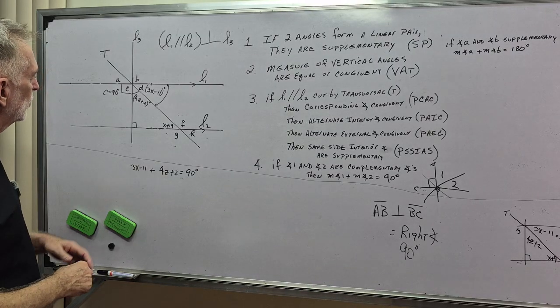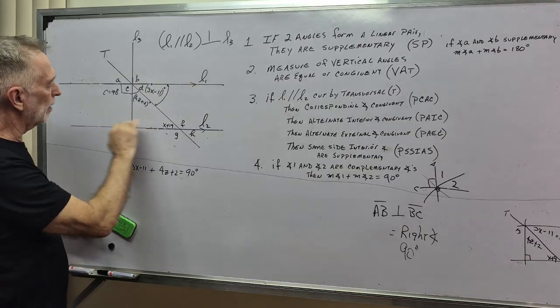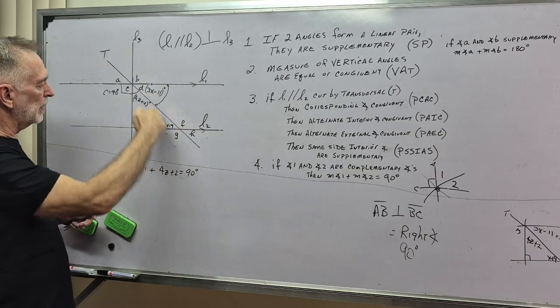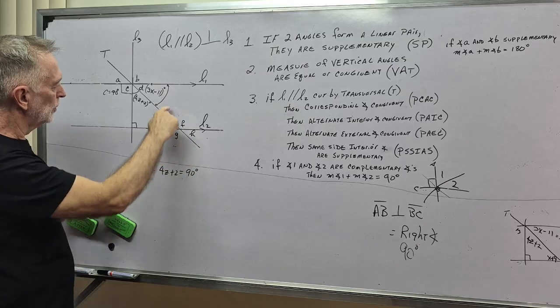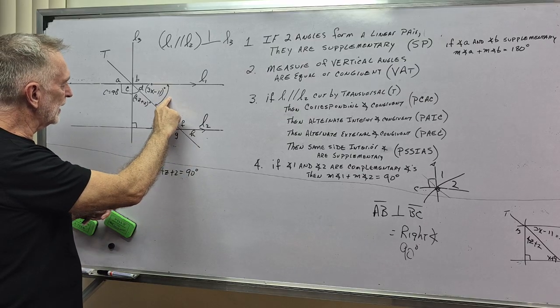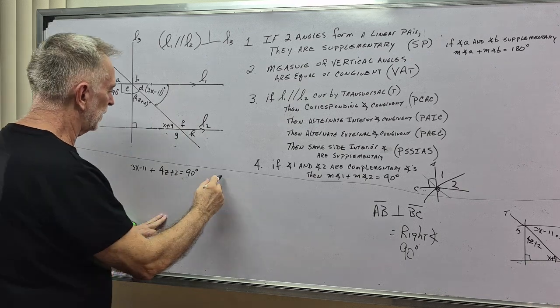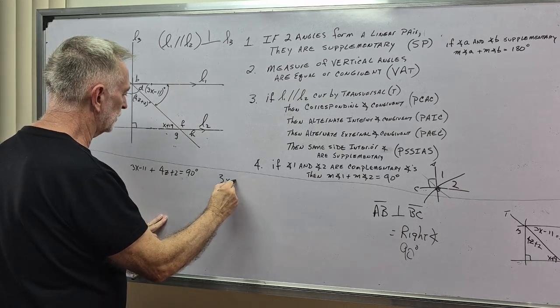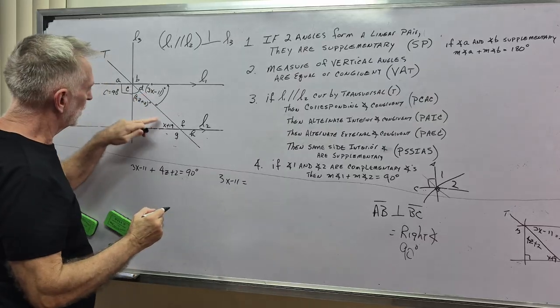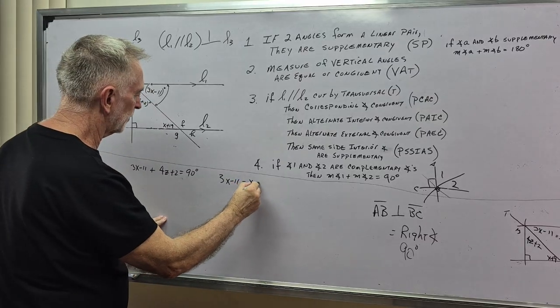What else do I know? I have two parallel lines cut by a transversal, so my alternate interior angles are equal. So it's telling me that 3x minus 11 equals x plus 19.